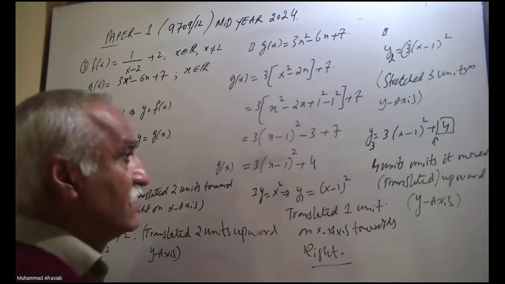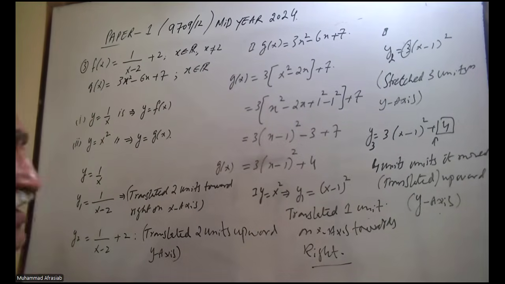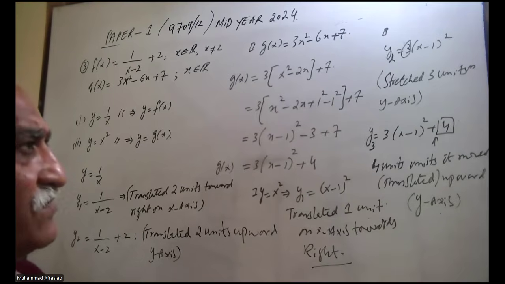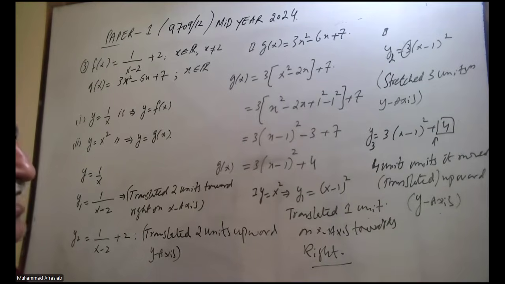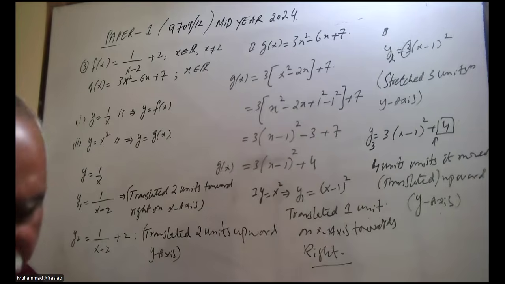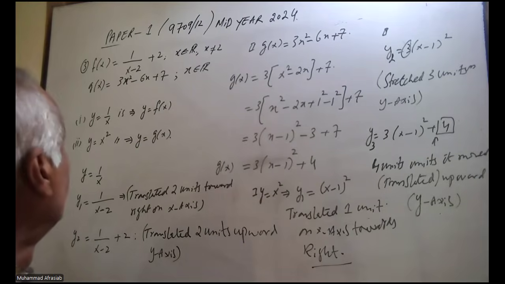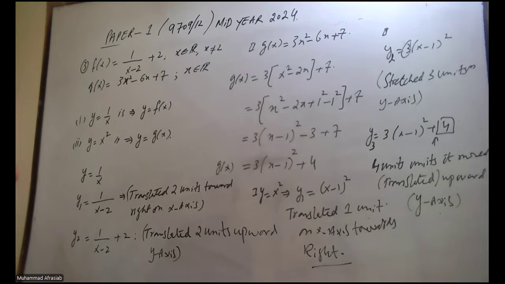So first it is translated on the x-axis by 1 unit, then stretched 3 times, and then translated 4 units upward. So these are the transformations for g of x is equal to 3x square minus 6x plus 7.